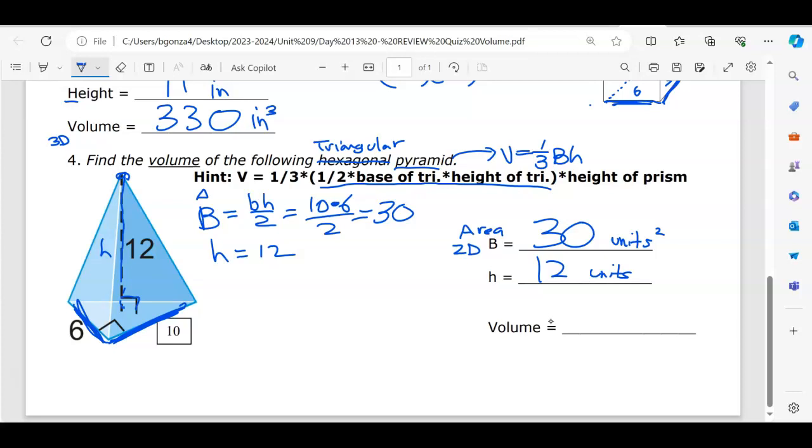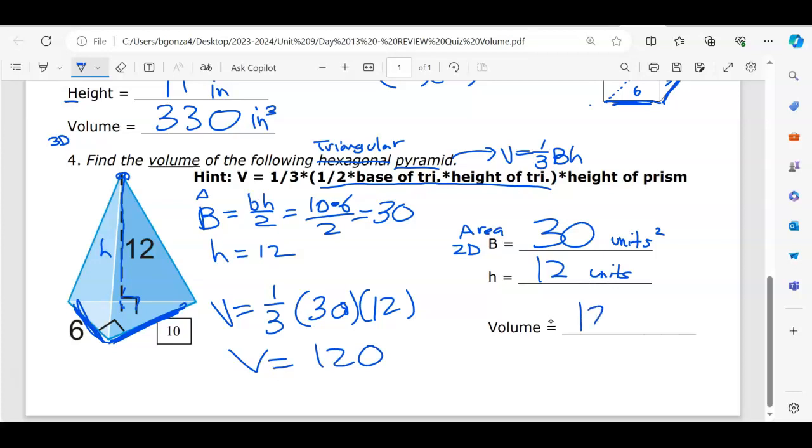Height is just a length, so it's not squared. So remember, for volume, it's 1/3 B, which is 30, times H, which is 12. So that should give you 120. 120 units cubed. And again, I'm using the word units because it doesn't say anything about inches, whatever, okay?